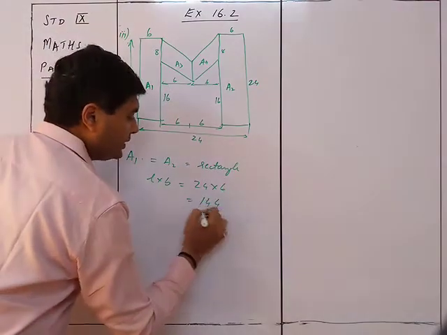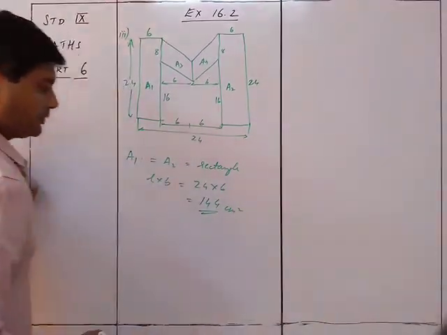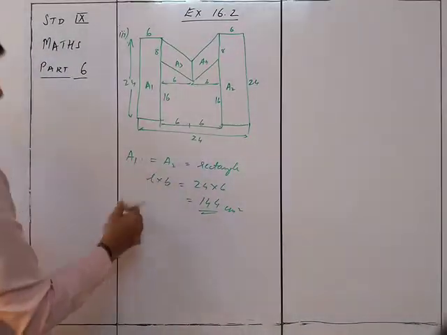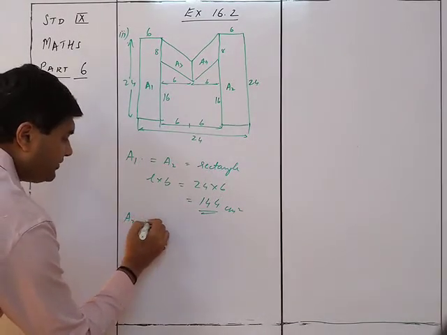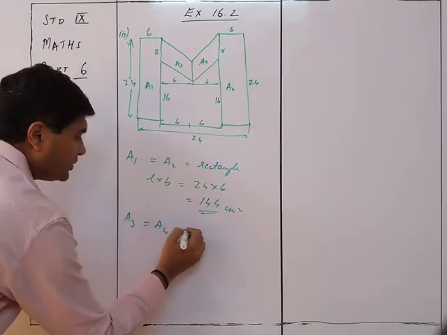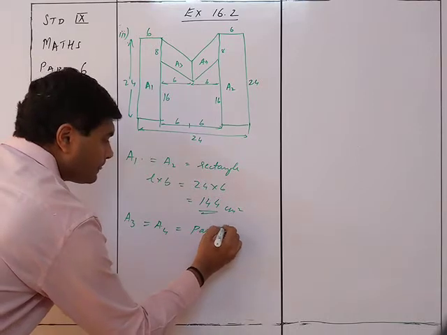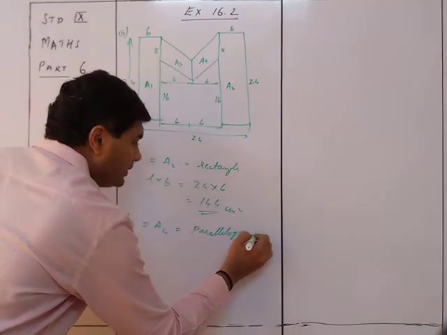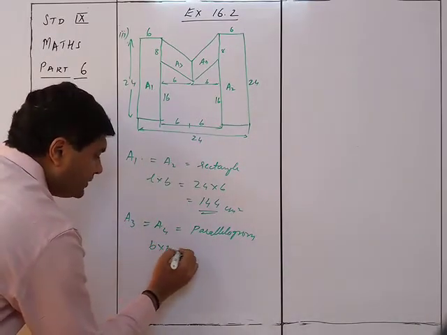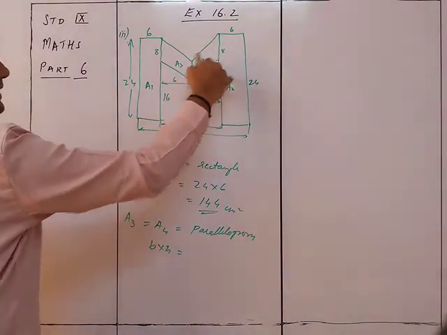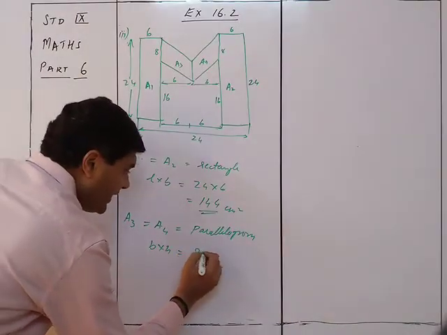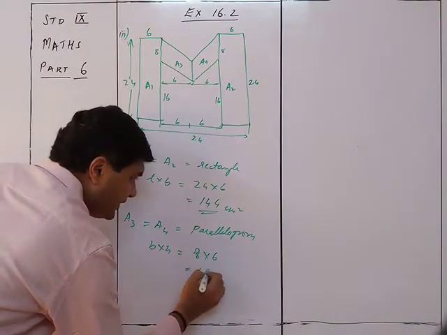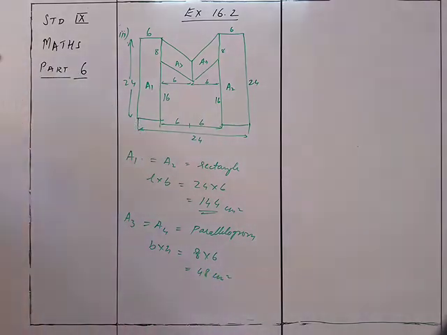So 144 centimeter square. A3 is equal to A4, which are parallelograms, equal to base into height. Now the base is given as 8 and the height is 6. So it is nothing but 8 into 6, which is equal to 48 centimeter square.